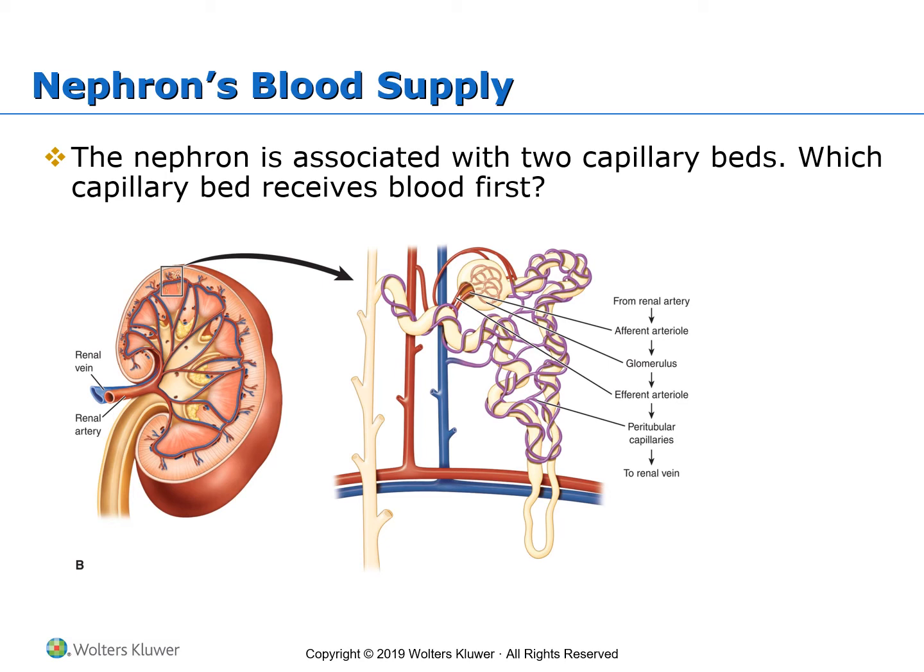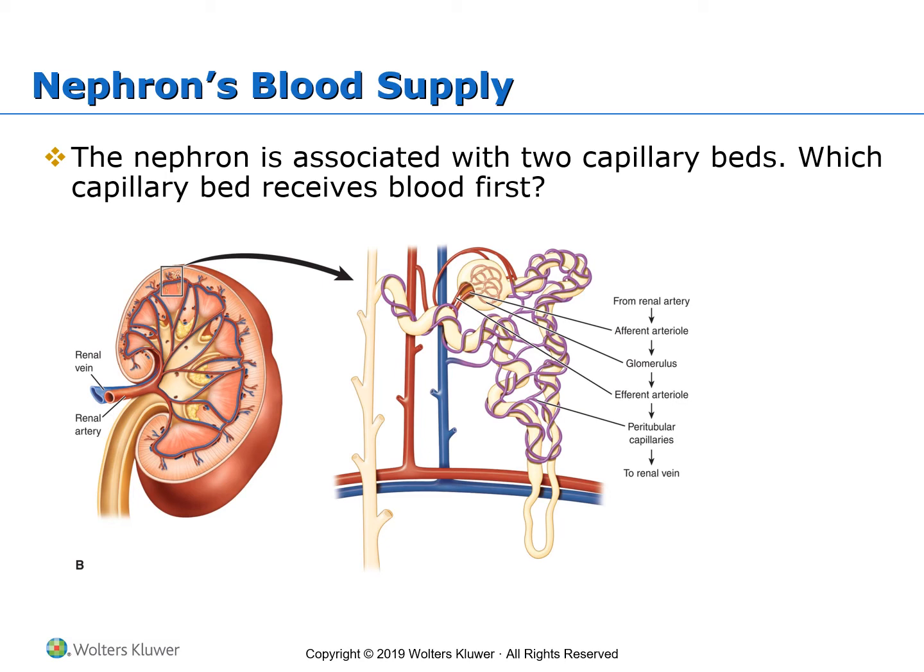So let's summarize. We start with an afferent arteriole that branches out and makes a ball of capillaries inside the glomerular capsule, which branches in again, leaving the glomerulus as an efferent arteriole. Instead of becoming a vein, it branches out and forms the network you can see around the tubules, called the peritubular capillaries.